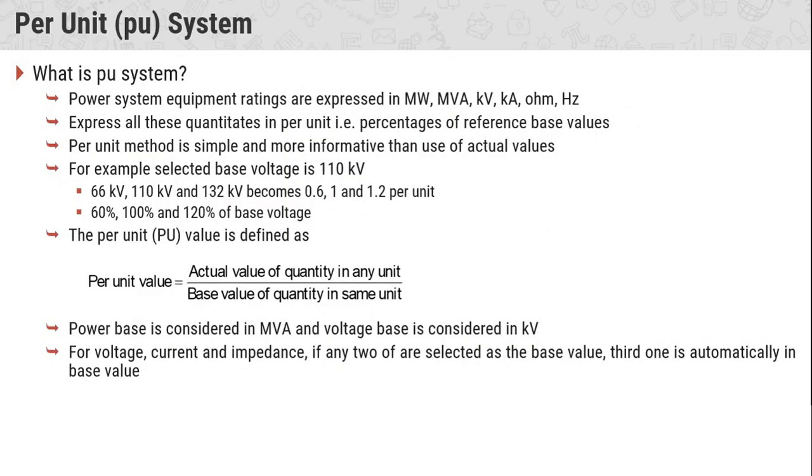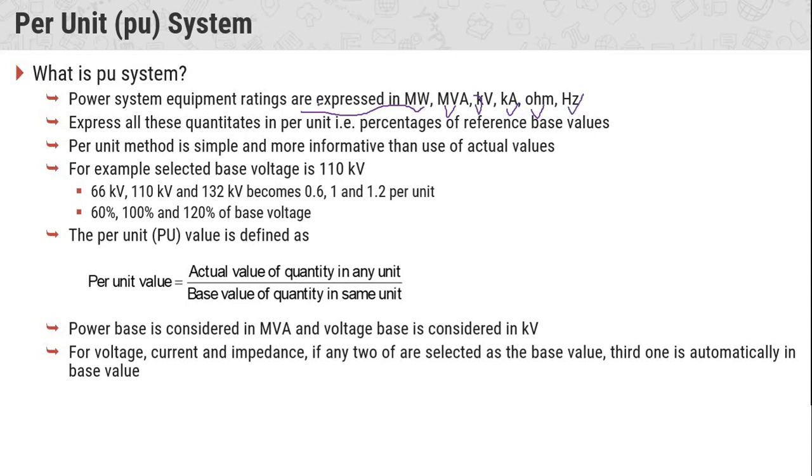Now the next and main topic is, what is a PU system? PU is an abbreviation of per unit system. The power system equipment ratings are expressed in megawatt, MVA, kV, kiloampere, ohm and hertz.